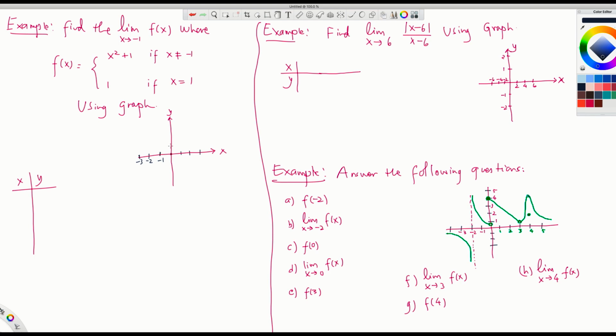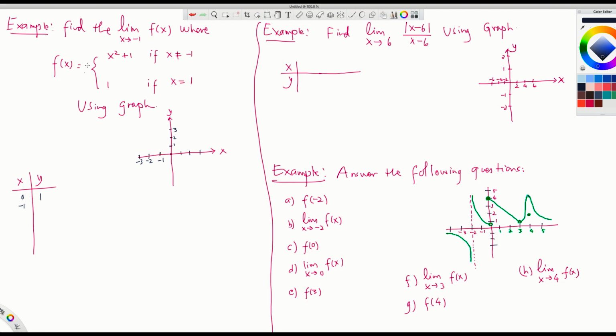Suppose this is 1, 2, 3. I want to draw the graph of x squared plus 1 first. At 0, y is x squared plus 1, so it is 1, because when you plug in x equals 0 you get 1.